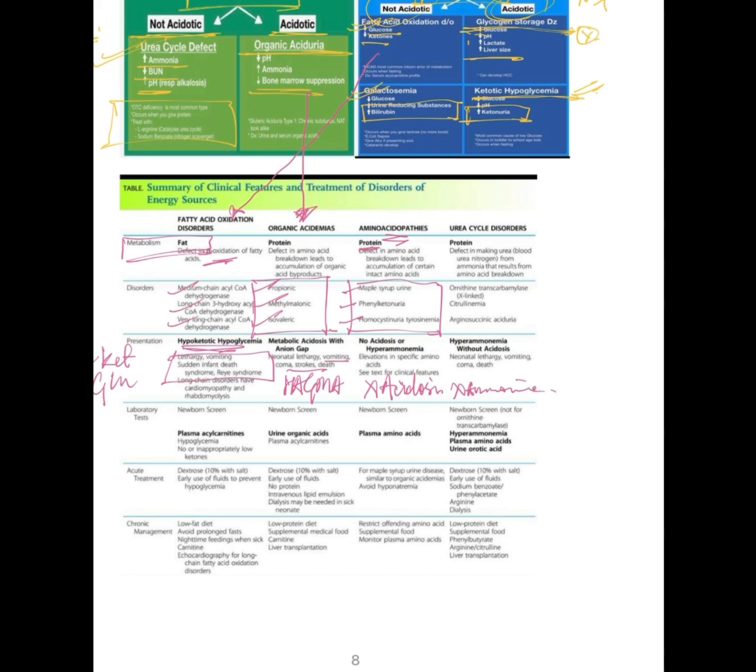Then there are your classical urea cycle disorders where ammonia is raised. As I have told you here, ammonia is raised. Also, the patient might go into coma, death. It also presents with neonatal lethargy, vomiting and all.